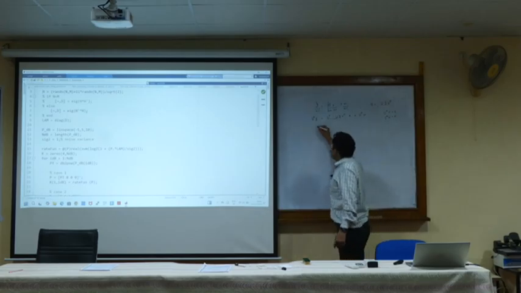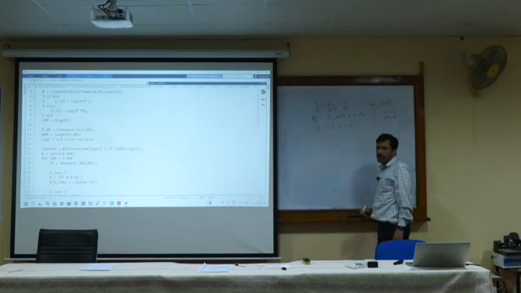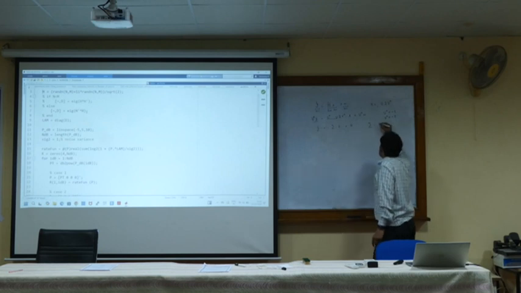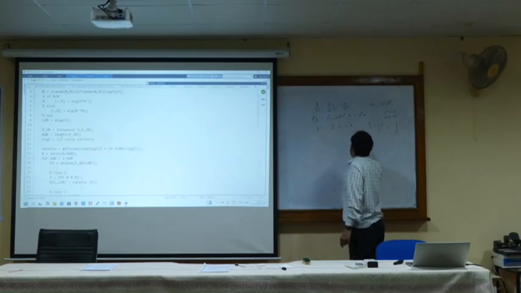So I write this as y bar, which equals sigma times x bar plus w bar, where sigma is the diagonal matrix with sigma 1, sigma 2, and so on, and w is CN(0, N naught).